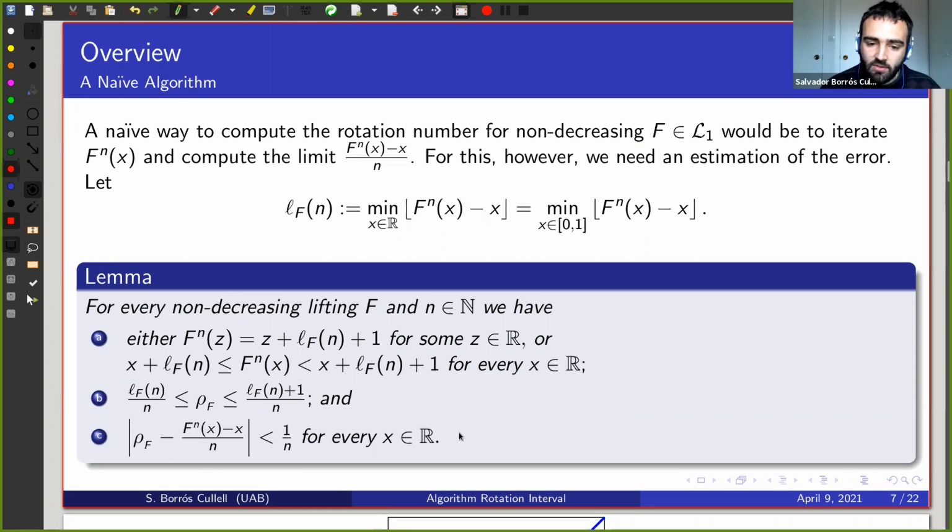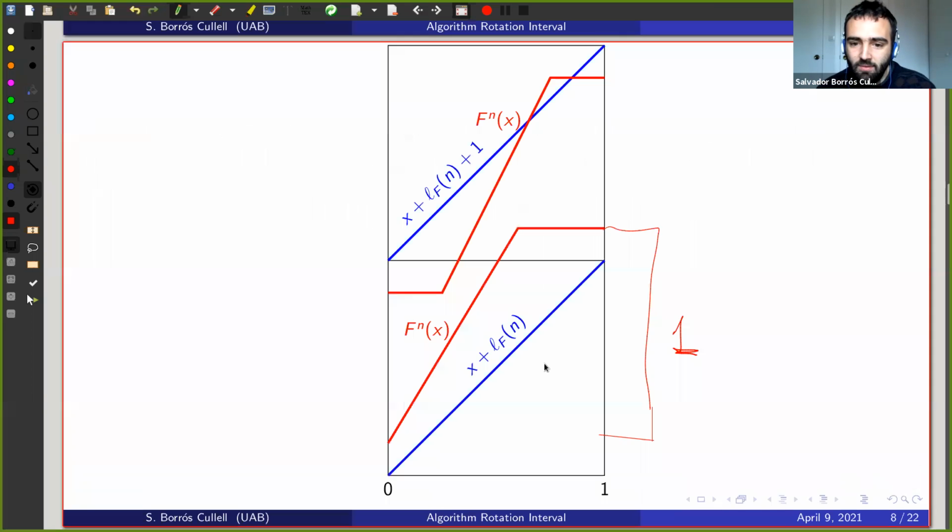So now we have control over the error. Now we have a sort of naive algorithm, which is not very nice. It only gets us approximations, and it's 1 over n. Maybe we can expect something more. However, this is yet to come.